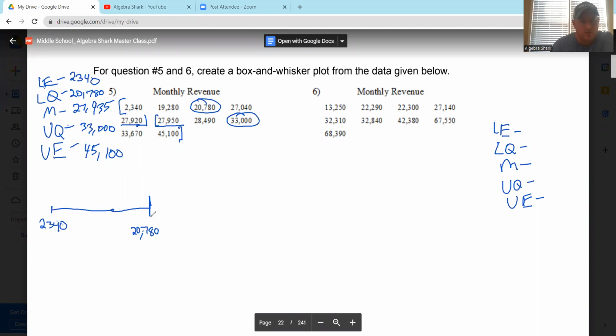And then we're going to have our median, which is going to be a little bit past that. So you can see that if you had a number line, obviously it would look a little more neat and a little more accurate, right? But for right now, we're just learning the components of the box and whisker plot. We're not really worried about making it to scale today.